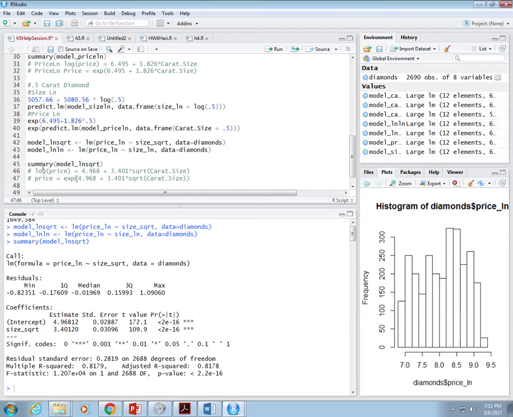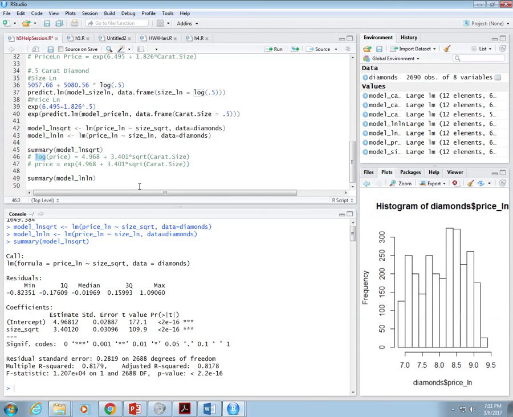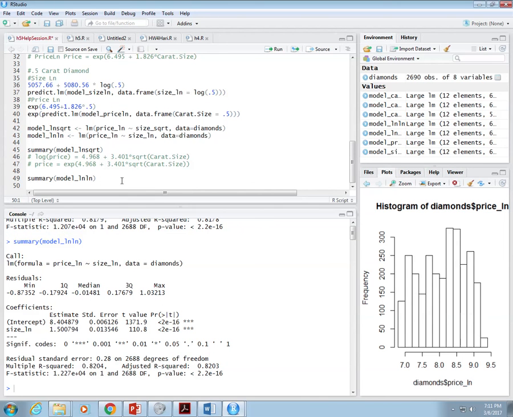I hope you all get that transformation pretty quick. To get rid of the log, you just exponentiate both sides. This will be really common. Same thing here. So for log log, we see that you start with 8.404 log dollars, and we increase 1.500 log dollars for each log carat.